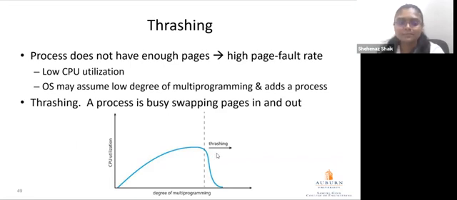This situation we refer to as thrashing. Thrashing results in low CPU utilization, which is something we want to avoid. So this is definitely a problem.